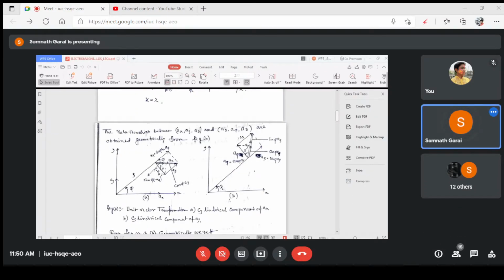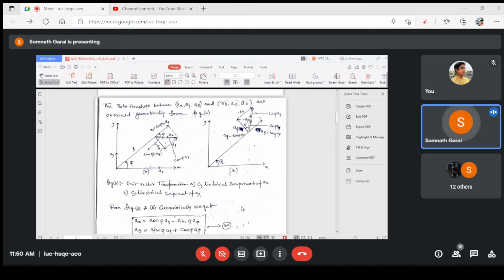Now if we calculate, according to the ax direction, which is the horizontal direction, ax is the addition of two vector components.